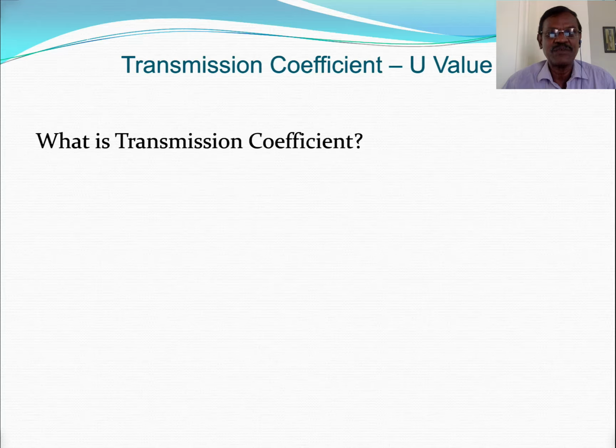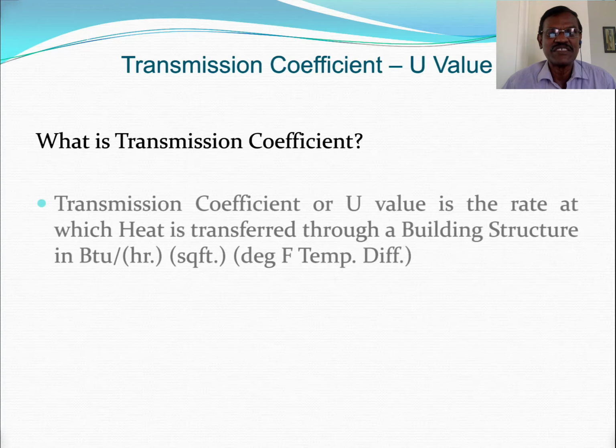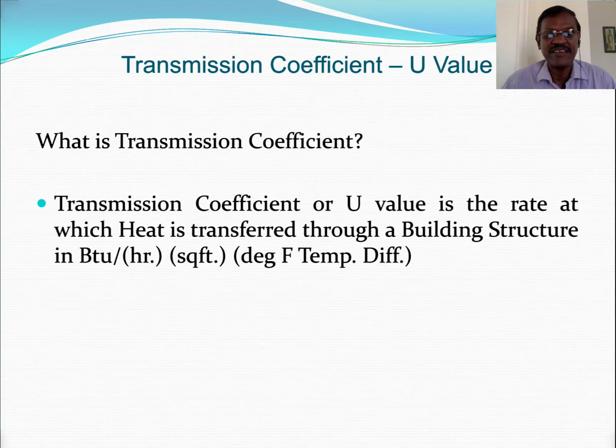If the resistance of the building material is high, your heat transfer from outside to inside is less, and if your resistance is low, then the heat transfer will be very high. So what is transmission coefficient? The transmission coefficient or U value is the rate at which heat is transferred through the building structure, and the unit is BTU per hour square feet degree Fahrenheit.